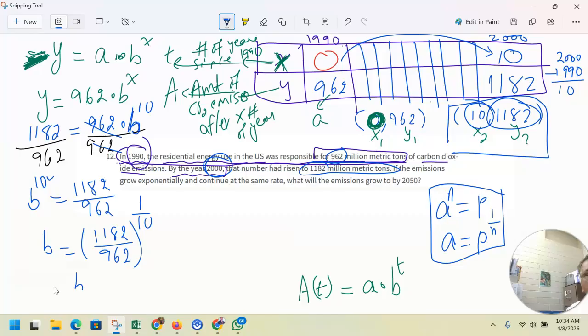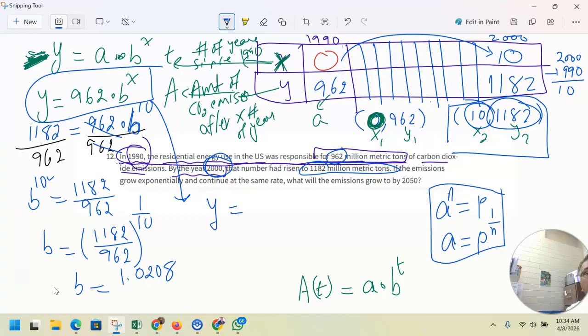Put this in the calculator. I already showed you how to use this calculator, and you get the answer 1.0208. So this equation now reduces to Y equals 962 times 1.0208 raised to X, where 962 is the beginning amount and 1.0208 is the growth factor.